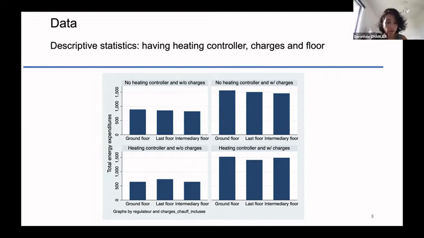That is to say, we have very important differences in energy expenditures if you face an individual billing or a collective billing where you don't really know the cost of your energy consumption.